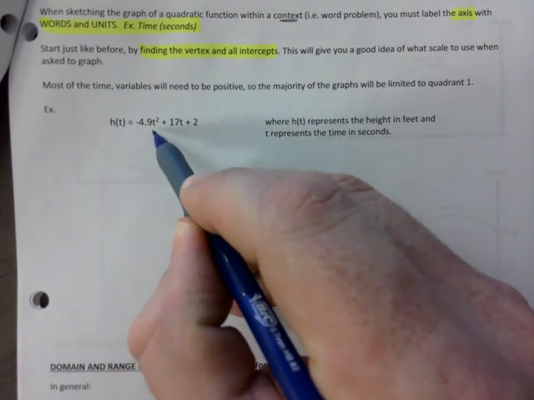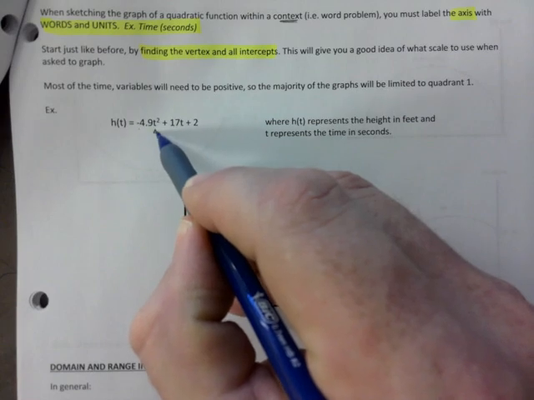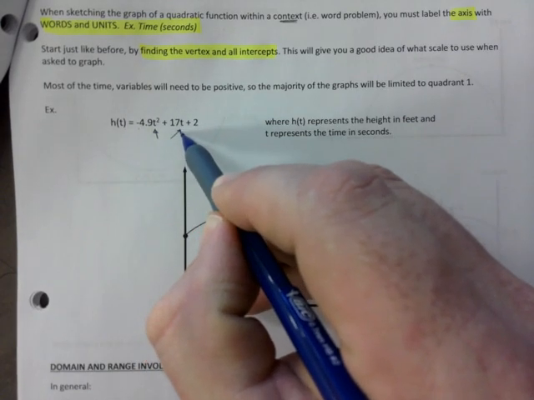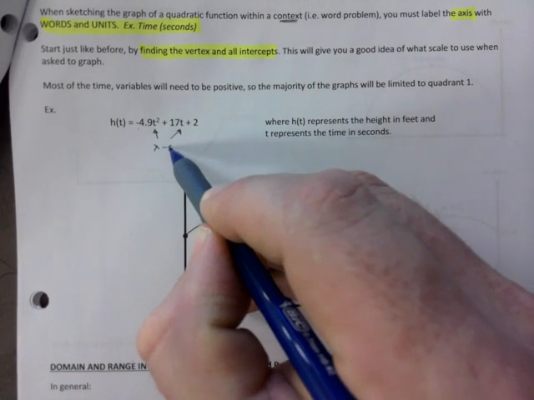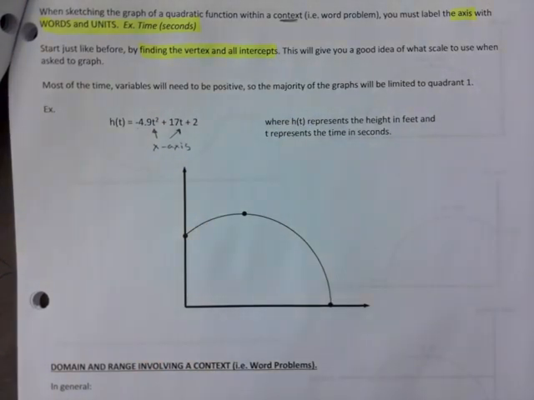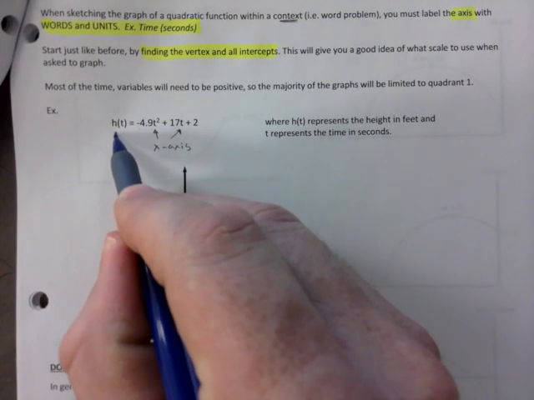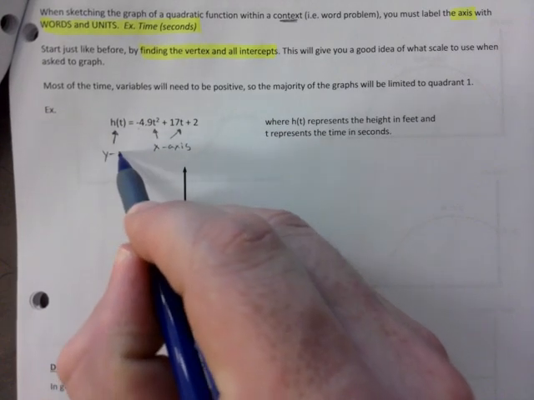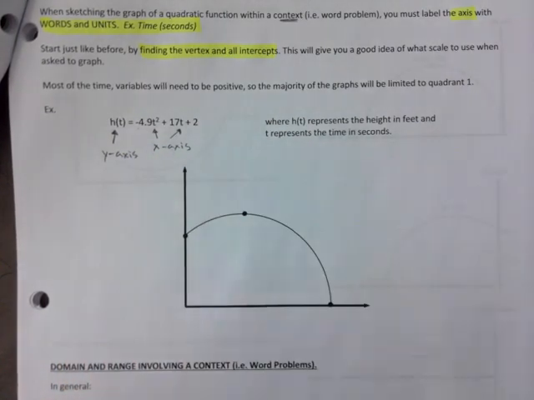Whatever variable is here goes along the x-axis, and we're never going to trick you on that. Whatever is over here goes on your y-axis. That's something important to remember.